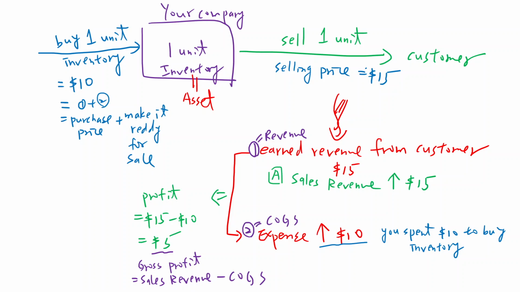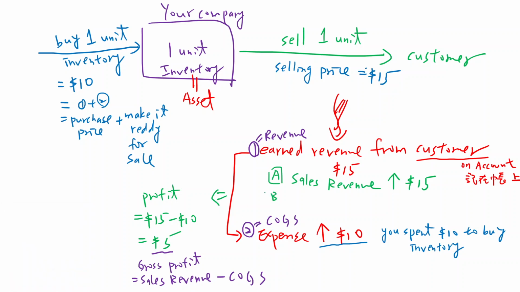Usually, normal case, no. So here, if we told you customer didn't pay you yet, it's on account. If we told you earn the revenue from customer, but on account, 记在账上, it means customer didn't pay you yet. Okay?